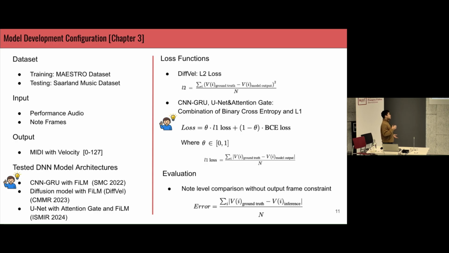Then L1 loss is for the regression part. This calculates how big the gap is between the estimated MIDI velocity value and the ground truth MIDI velocity value. So this combination works the best. And for evaluation, note-level error is looked into. The average of the aggregated note errors is defined as the error in this development.